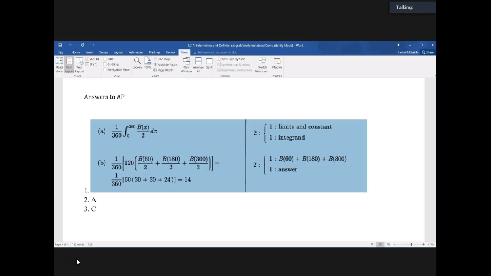There it is. Okay, so that is that first part.